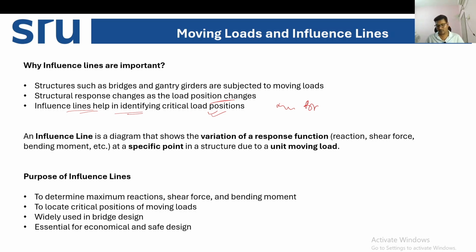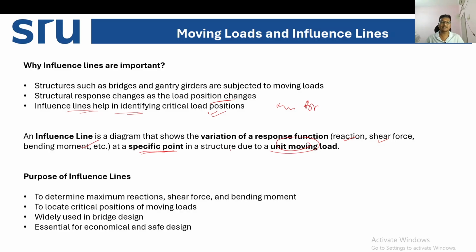So if you ask me what an influence line diagram is, it is nothing but a diagram that shows the variation of the response functions. What have we discussed now, what are the response functions? Reactions, shear force, bending moment, etc., at a specific point in a structure due to a unit moving load.